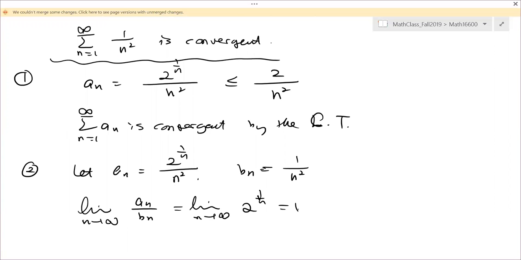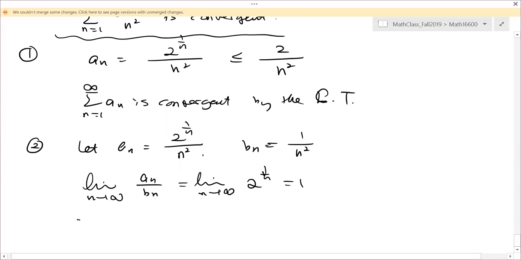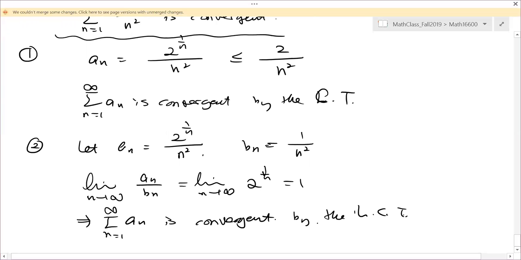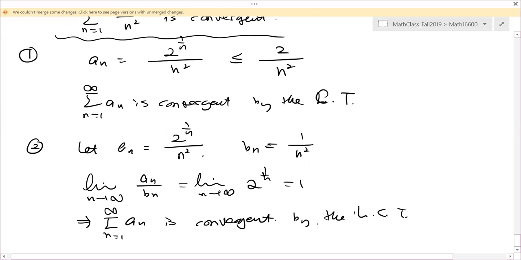And since sigma b_n is convergent, this implies the series is convergent by the limit comparison test. That's it. So we have done all the exercises.